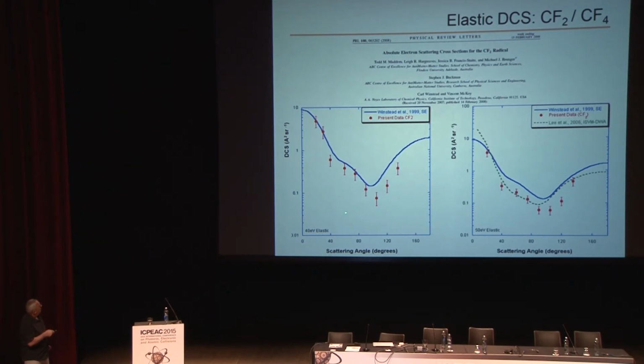This is 40 eV and 50 eV. There's a whole range of measurements down as low as 5 electron volts. In general, the agreement between theory and experiment was surprisingly good. There's another variational calculation, the dashed line here from the Brazil group, using largely the same Schwinger variational technique.